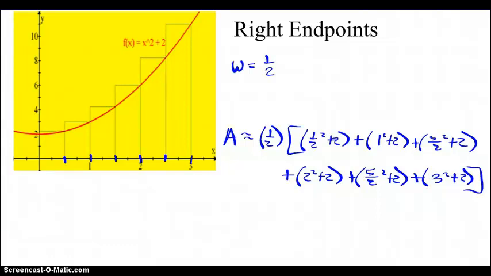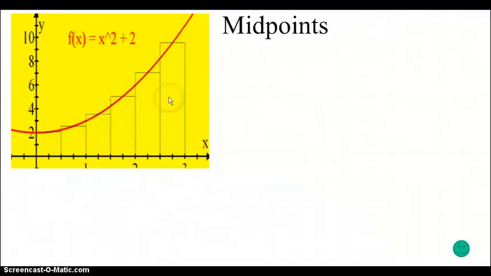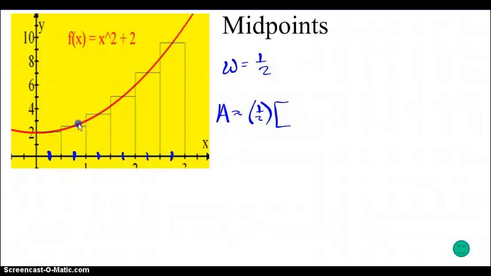So let's do this final example. Same function, same interval, same everything. Our widths again are 1/2. Our area is approximated by 1/2 times the sum of the heights. But now all of our heights come from these midpoint values. The midpoints are what we're going to plug into our function. So let's find those midpoint values.